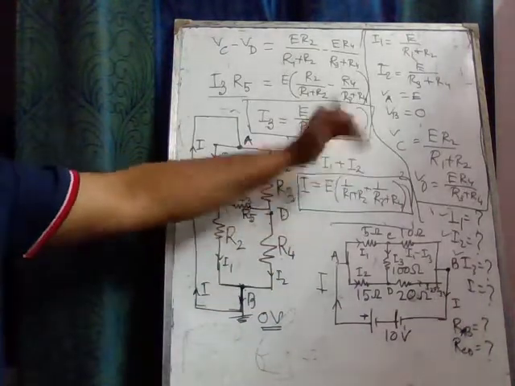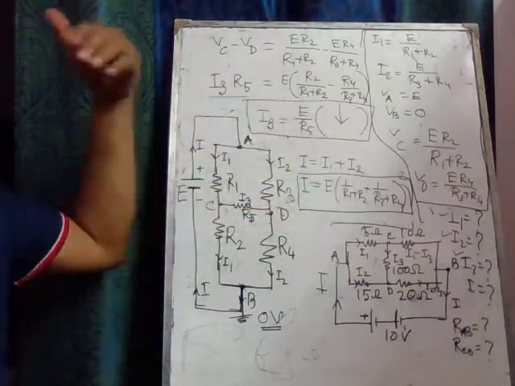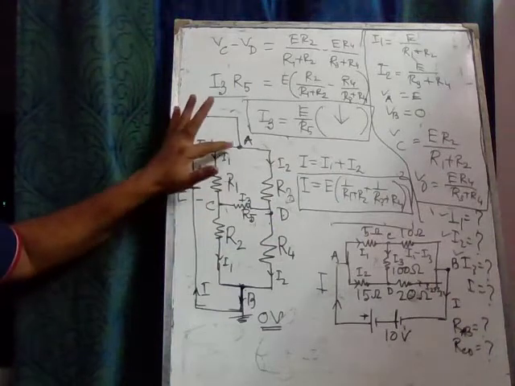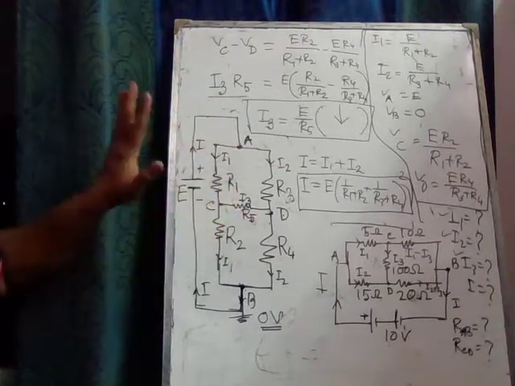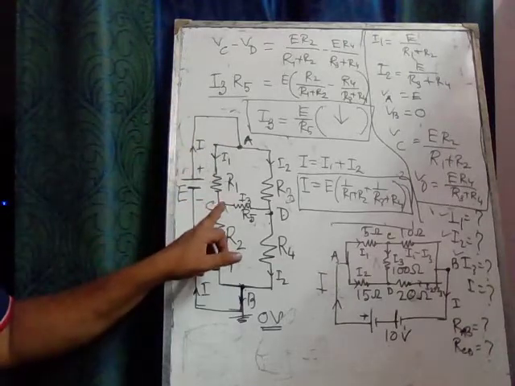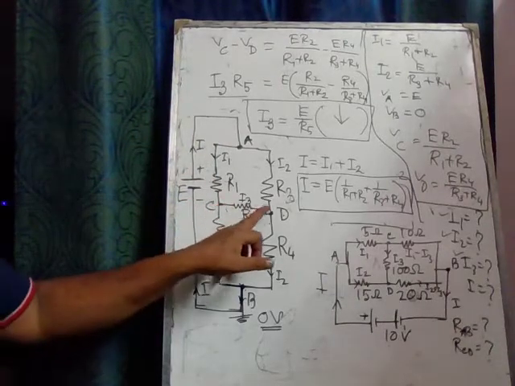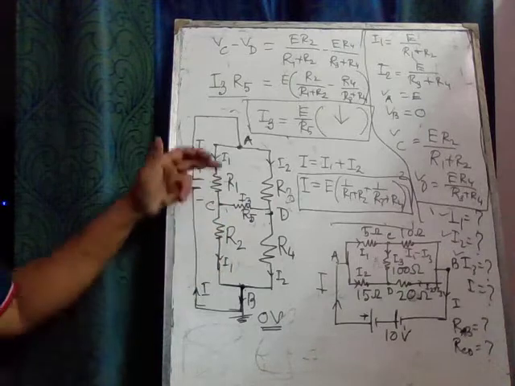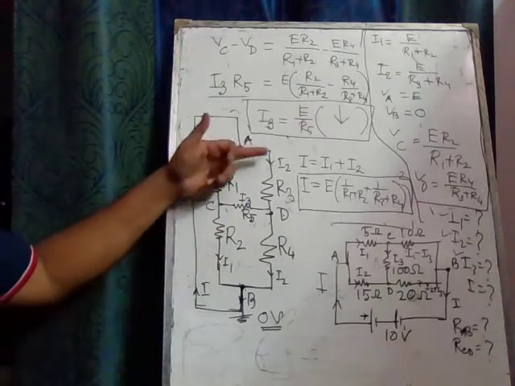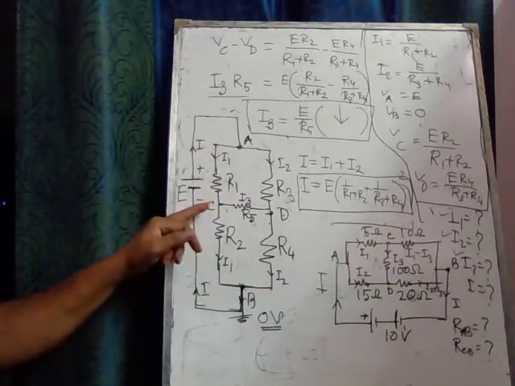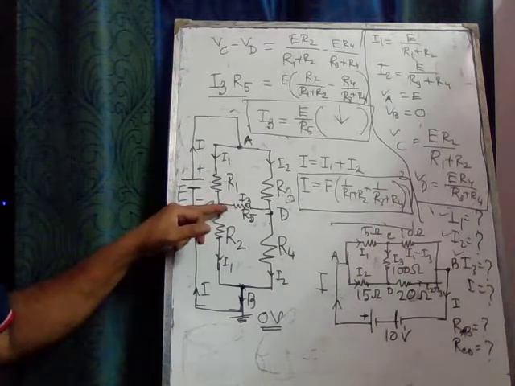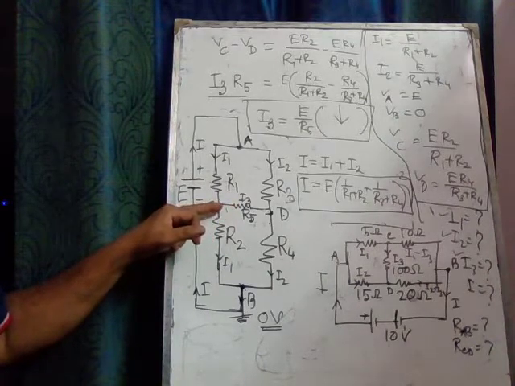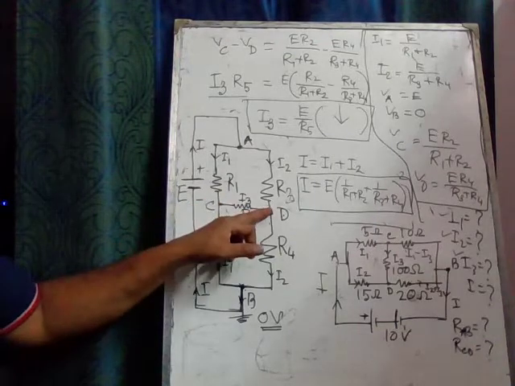That is our target problem. We got the potentials of each junction A, B, C and D, the potential difference between the points C and D, the current I1 and the current I2, and also the current in the middle branch that connects the point C to the point D.